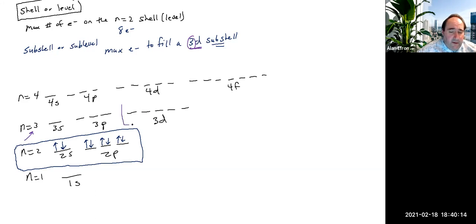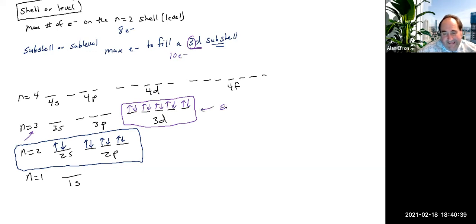The d subshell would encompass all 5 of those d orbitals together. If you filled it up, it would go one at a time here, and then it would go back and put electrons in like so. That means we would fill it up with 10 electrons.